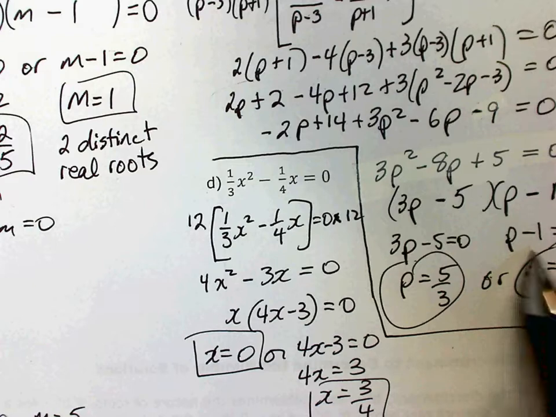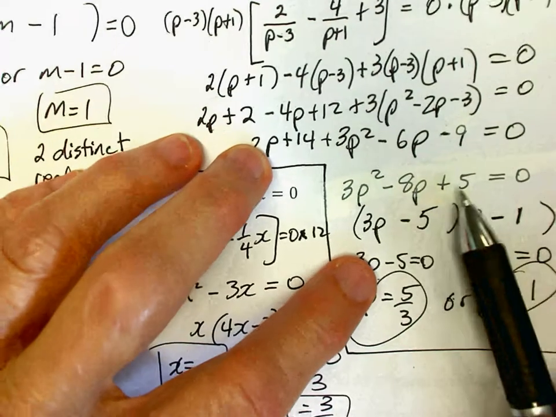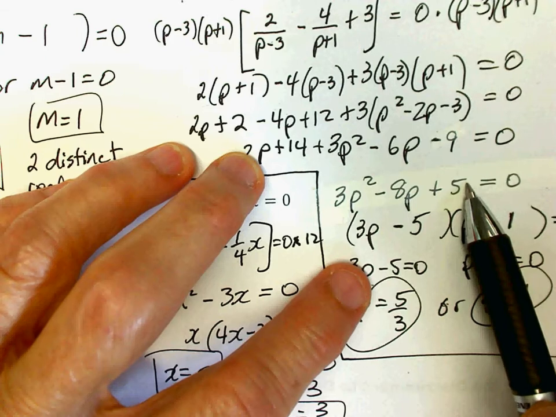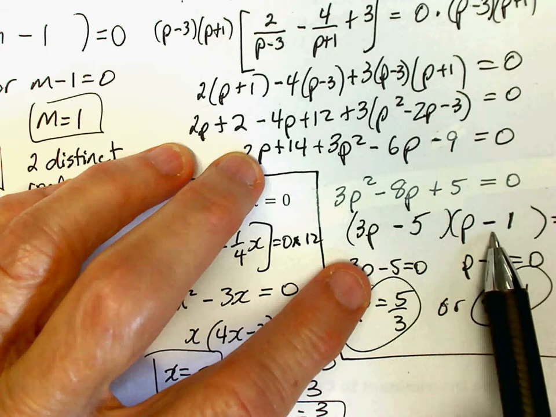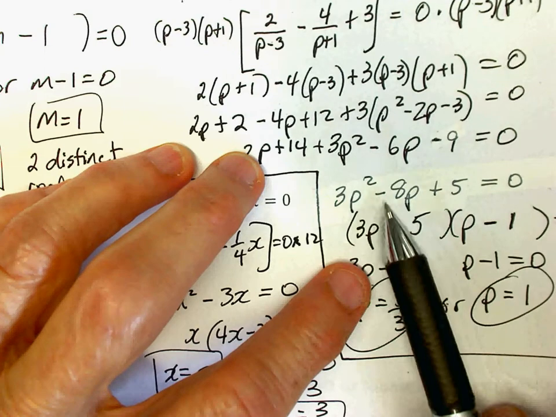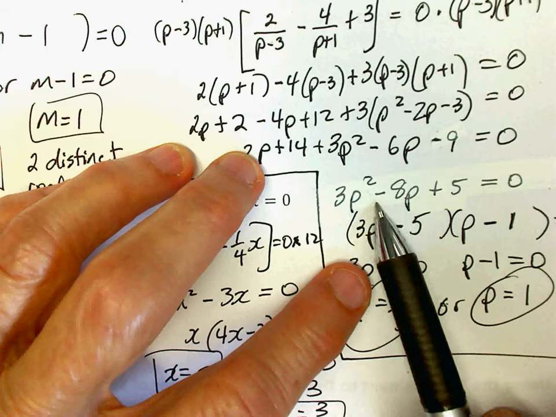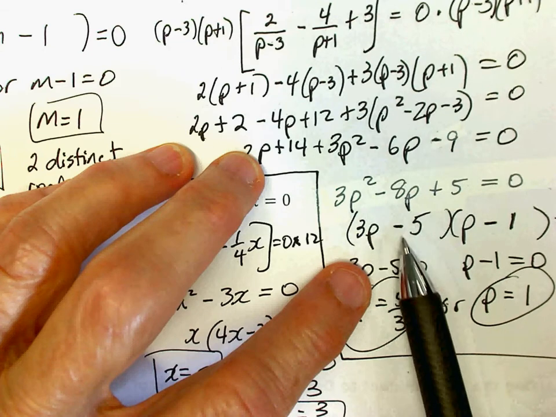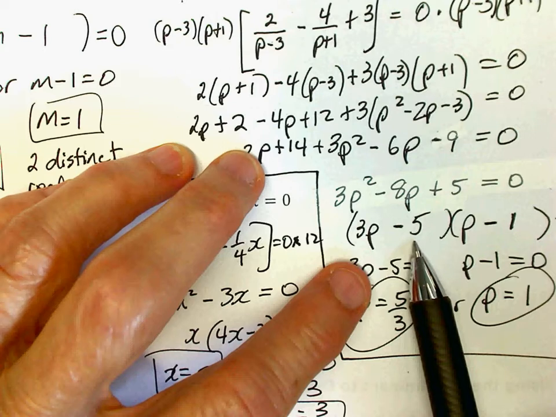Oh, because I know I have to get a positive 5. So I can get a 5 by going plus 5 or plus 1. Oh, but I'm seeing this is negative. So I know we have to get negative. So if this is negative, I know these have to be negative. Well, you do, because you're trying to get the negative 8p.